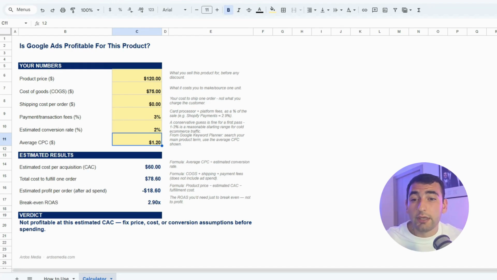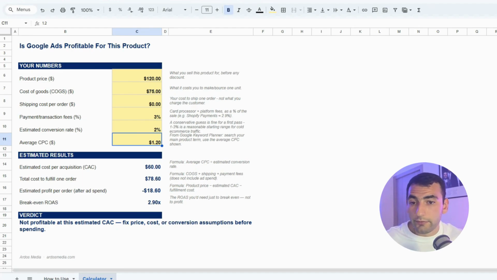Now, assuming your margin is healthy and your CPC is reasonably low, the lever to pull is conversion rate: your offer, your product page, your site experience. So imagine you're renting a store in a premium mall, but you're not investing in your staff, you're not investing in your physical location's design, and you're not trying to sell when interested people are visiting your store. So it should be a priority for you. You should understand what is the reason for low conversion rate and increase it.